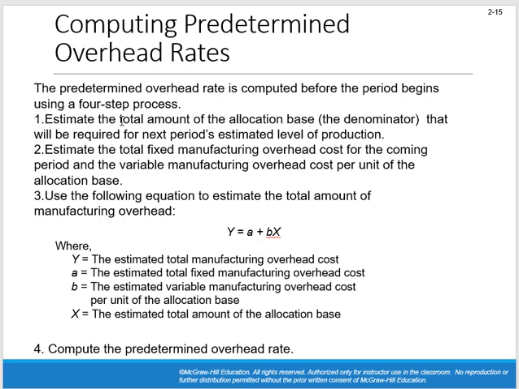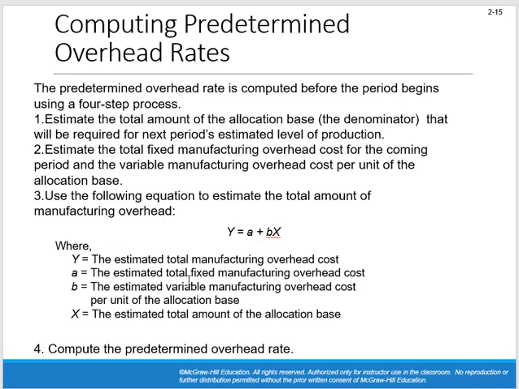But it would start by estimating the total amount of allocation base. So that's going to be our denominator, the bottom of the fraction. So we're going to estimate the total allocation base that will be required for next period's estimated level of production. Step 2, we're going to estimate the total fixed MOH for the coming period and the variable MOH as a cost per unit of the allocation base. And we're going to use the following equation, y equals a plus bx, to estimate the total amount of manufacturing overhead.